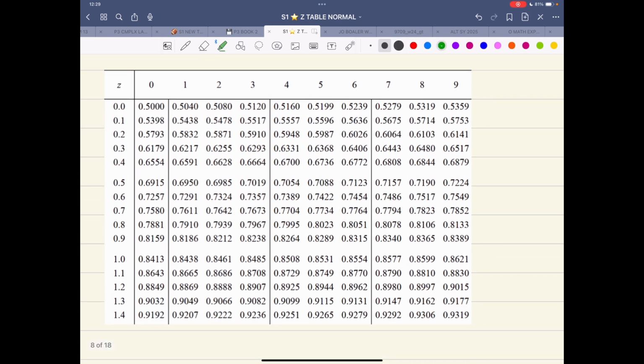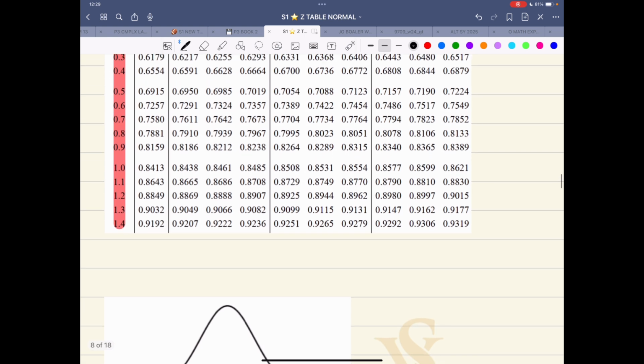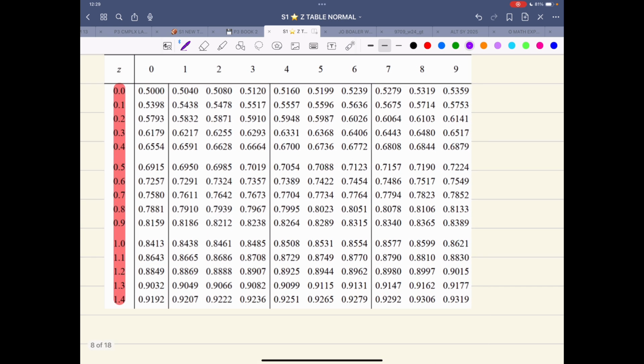So let me highlight this thing. That's right over here. I'll be using this only. Let me make a column over here. Let's say I'm using the value 0.0. So in front of 0.0, what do we have? In place of 0.0, I have this value, which is 0.5.